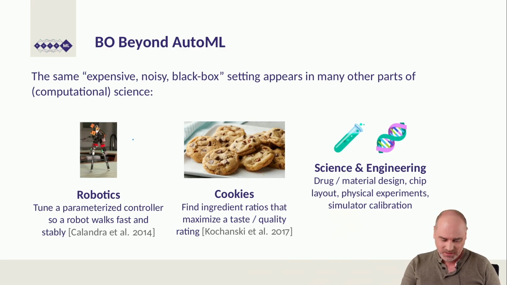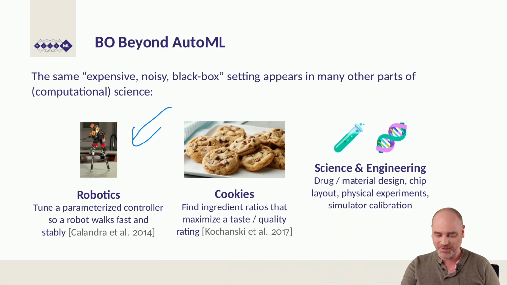So maybe we want to optimize a parameterized controller of a robot so that the robot walks fast and stably. And this is certainly an expensive problem. Usually this is black box, so we can only observe the performance of the robot under this parameterized controller. And we will not be able to run too many experiments.